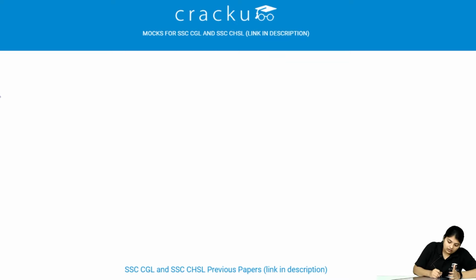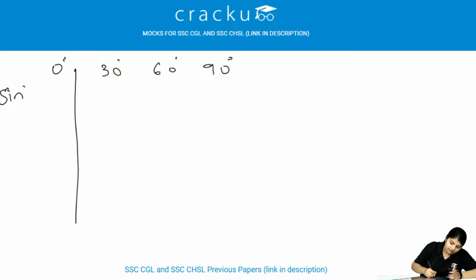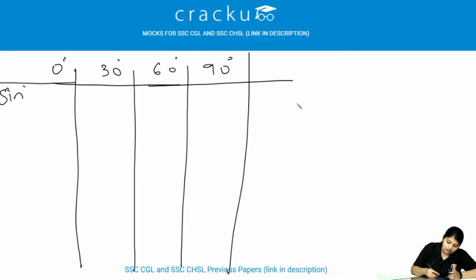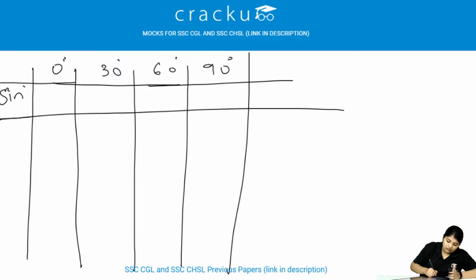See, sine for 0 degrees, 30 degrees, 60 degrees, 90 degrees. Sine 0 is 0, sine 30 is half, sine 60 is root 3 by 2 and sine 90 is 1.